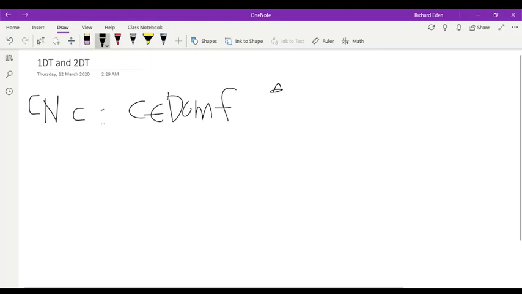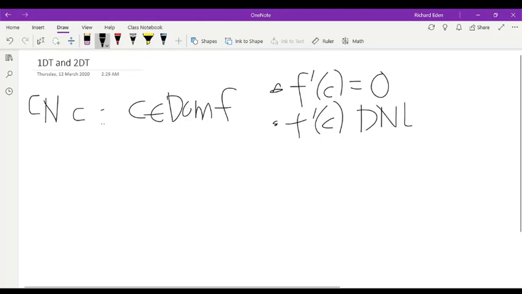Either f prime of c is equal to 0, so you have a horizontal tangent line at c, or f prime of c does not exist. f is not differentiable at c. So either you have a vertical tangent line there, or a sharp turn, or f is just plain not continuous at c.